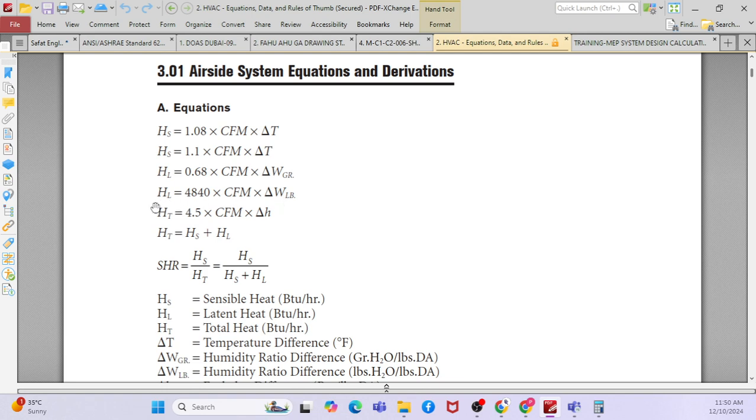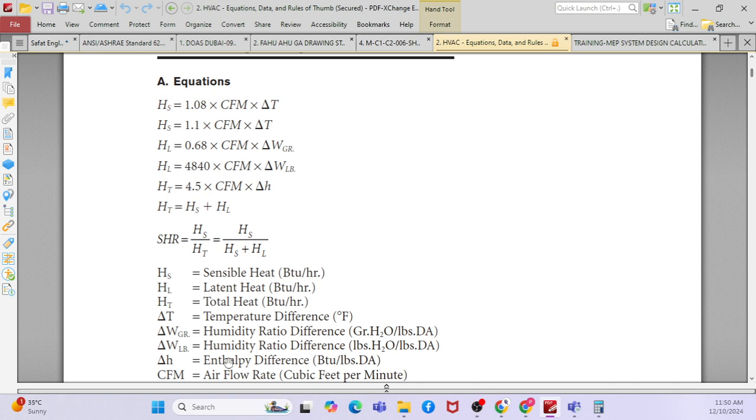That is why the latent heat equation is 4840 multiplied by CFM multiplied by delta W in pounds. So you can see the humidity ratio in pounds.